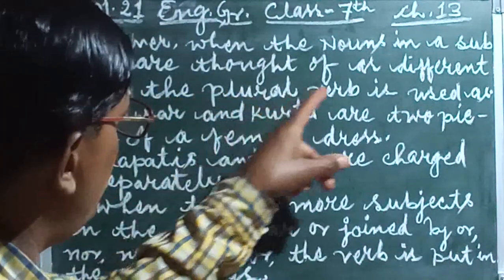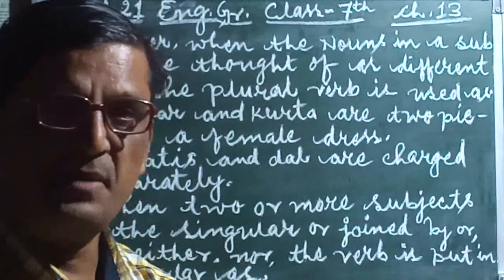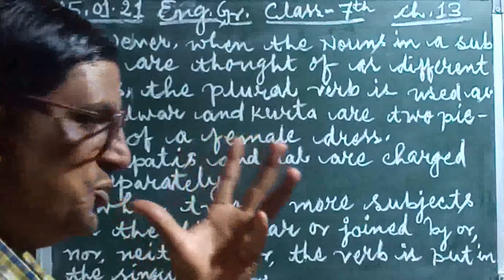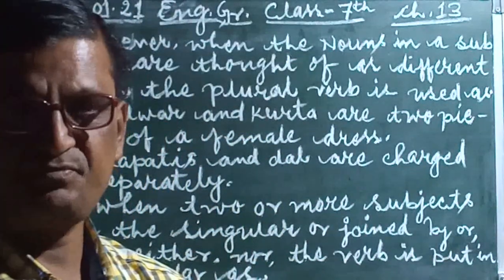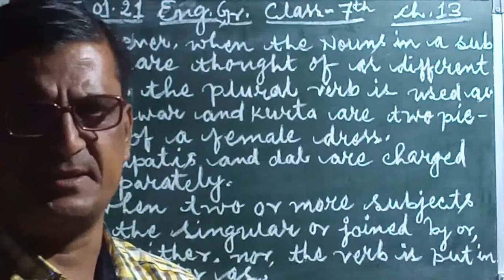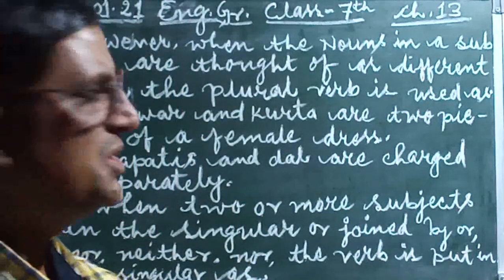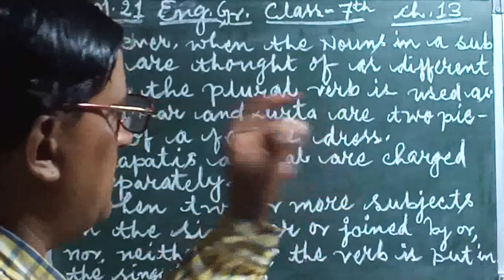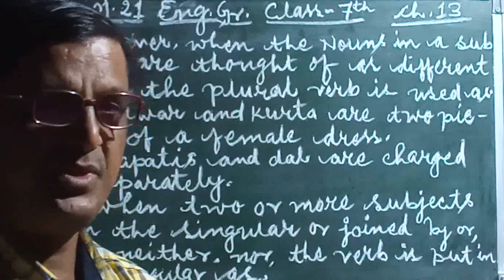The plural verb is used, because they are not referring to one unit, they are referring to different units here. In such a condition, we use a plural verb, not a singular verb.